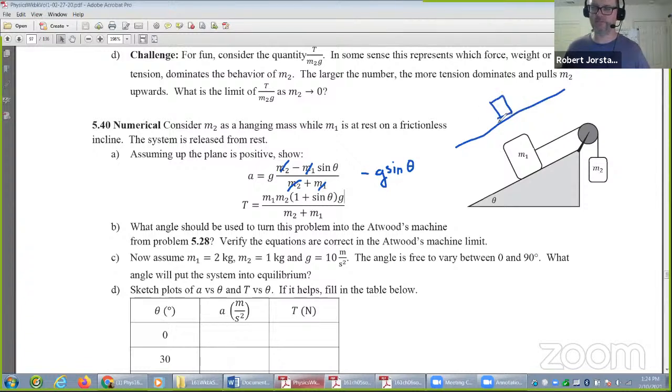Remember when we were doing chapter 2 problems and I said the acceleration was G sine theta? Whoops, negative G sine theta. So it's negative G sine theta up the plane. That makes sense. That's equivalent to positive G sine theta down the plane. Again, we were told up the plane is positive. That's why I drew my arrow up the plane, but we get a negative value. All right.